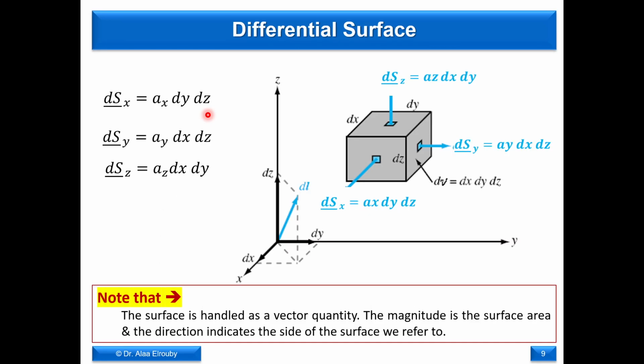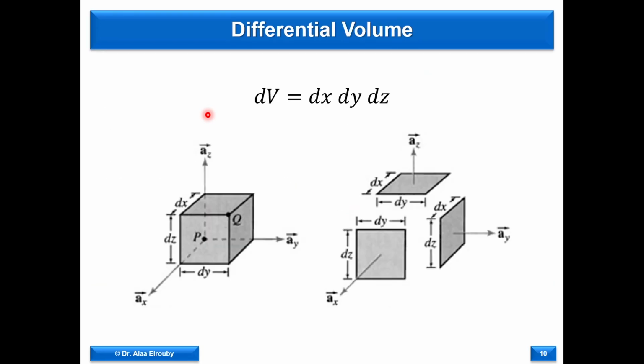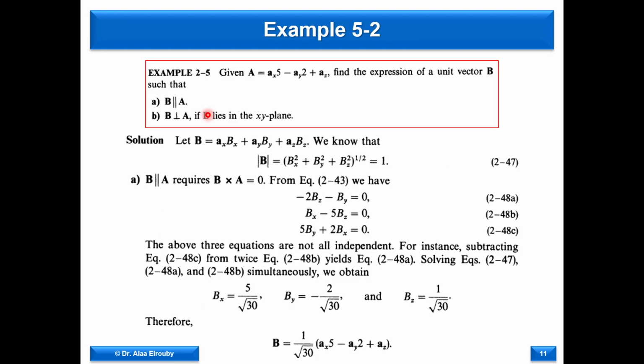So the differential surface is a vector quantity, the differential length is a vector quantity, while the differential volume is a scalar quantity. Okay, let us have an example here.